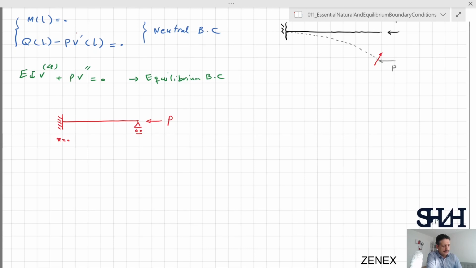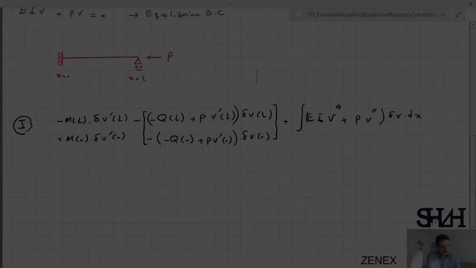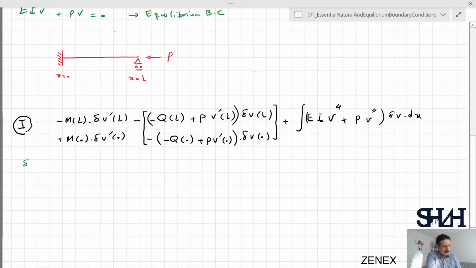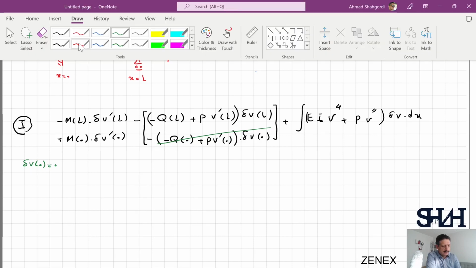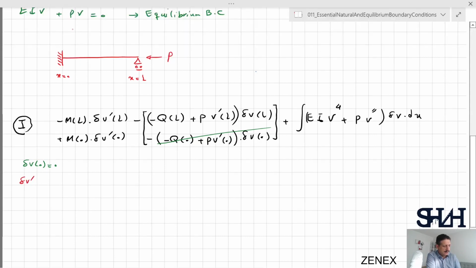x equals 0, x equals L. So here delta V at 0 is 0. So then this is gone. Delta V prime at 0 is 0.